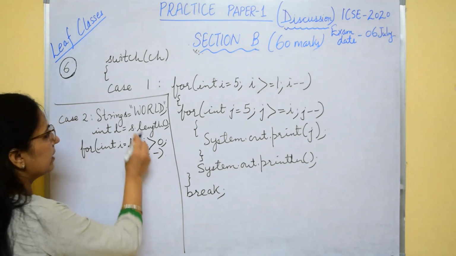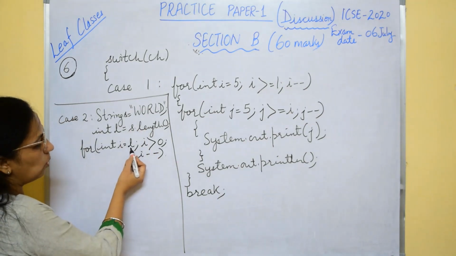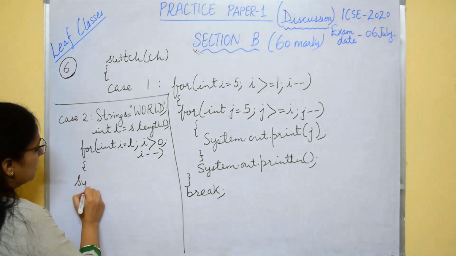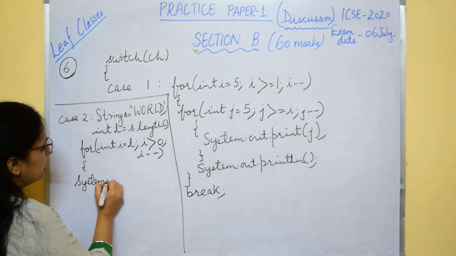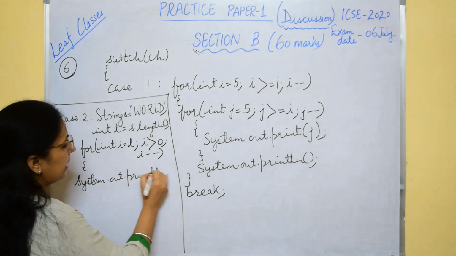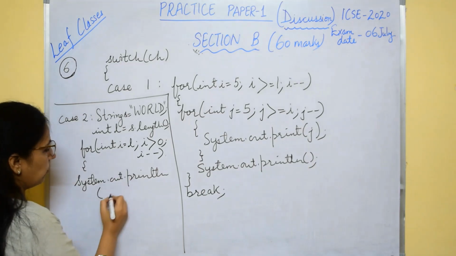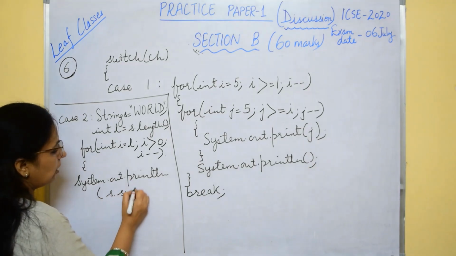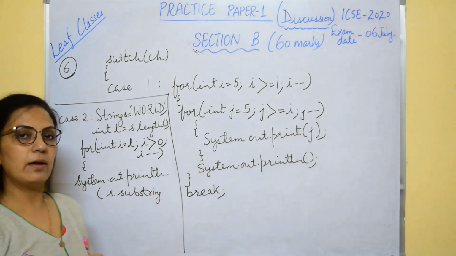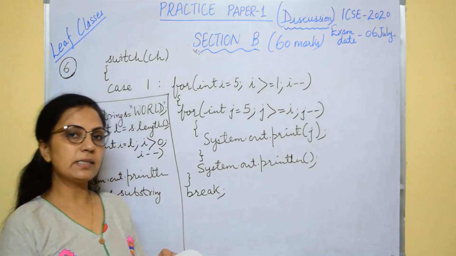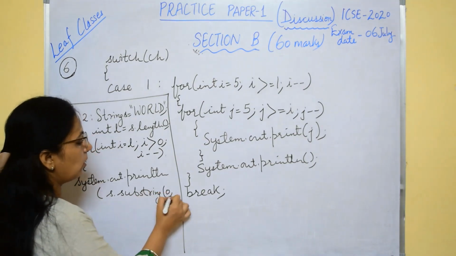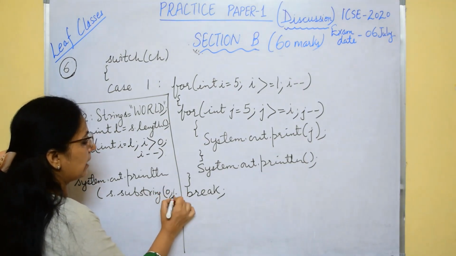Say if the length is 5, it has to go from 5 to 1 because we are using the substring function. System.out.println, and in brackets you will write s.substring. In all the rows the first letter is W, that is the 0th index. So from 0 till i.